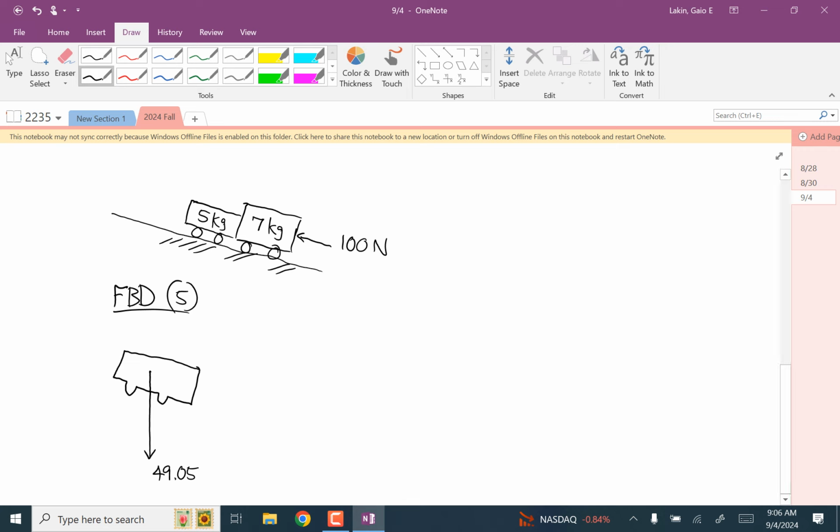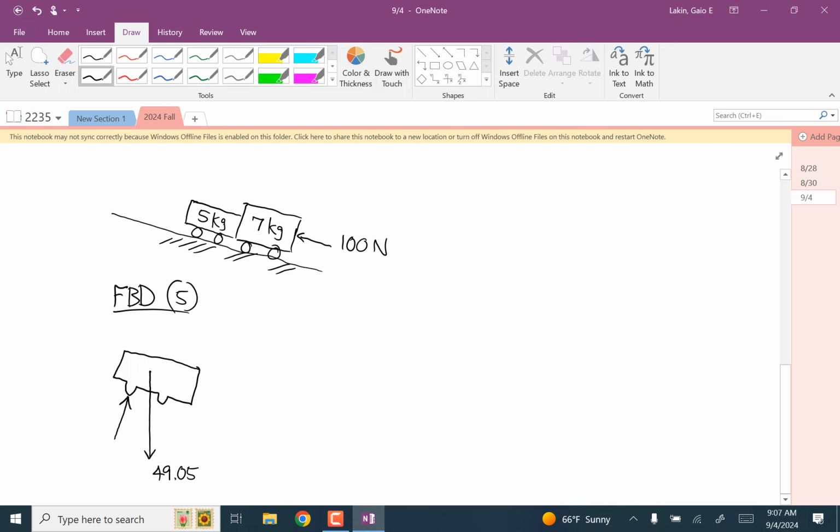And this is a pushing contact without friction. Wheels are always a shorthand for saying no friction, unless something about the problem says otherwise, that there's some kind of rolling friction or something. So the rule says perpendicular to the surface, and the surface is the ramp, and toward the chosen body.